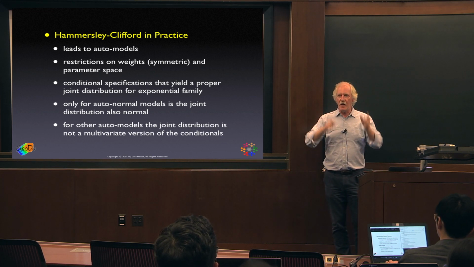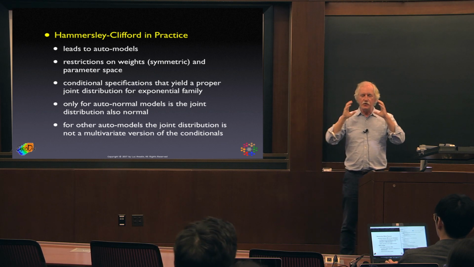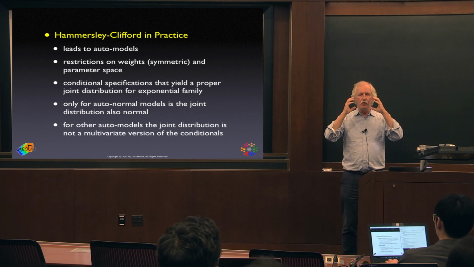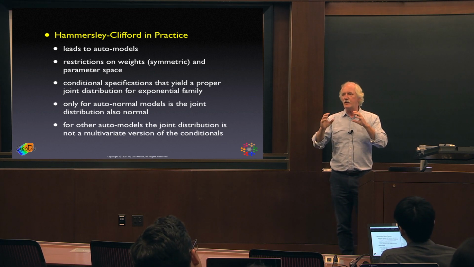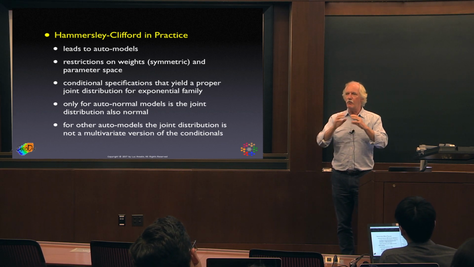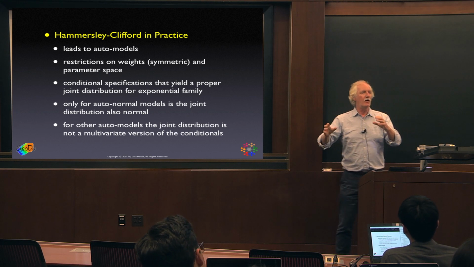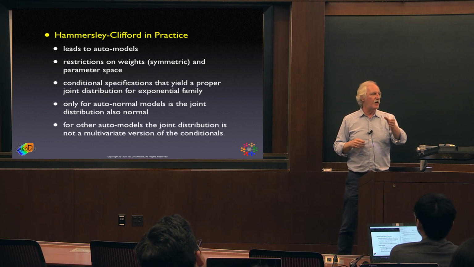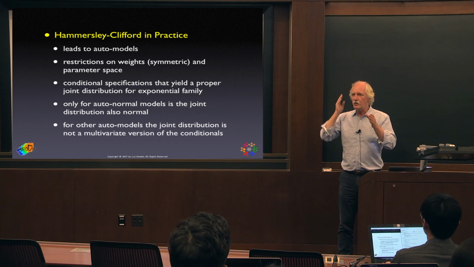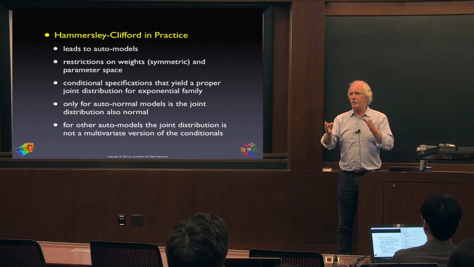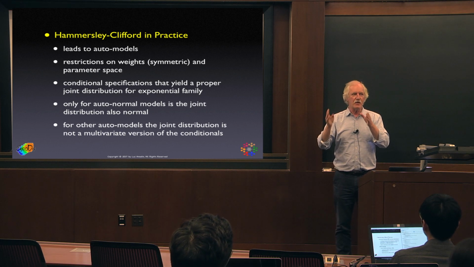I talked about that last time, where it's so difficult, when you write down a specification, to not think of it as conditional. So we write an autoregressive model, and we say the prices of a house are a function of the prices of neighboring houses. That's conditional thinking. That's not what we're actually doing.